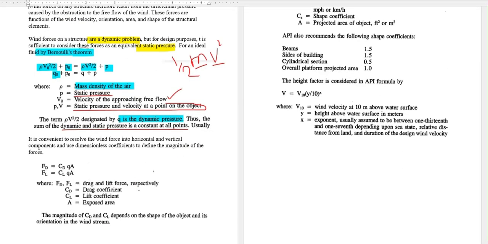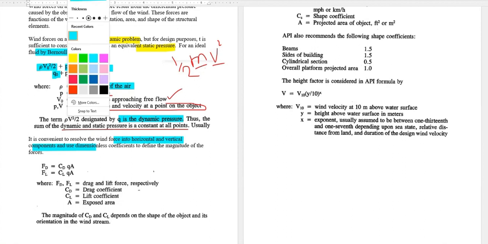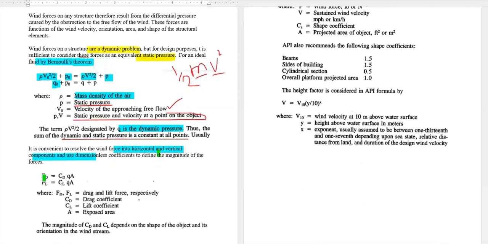It is convenient to resolve the wind forces into horizontal and vertical components. So we can conveniently resolve the force into horizontal and vertical. The horizontal force is FD, the drag force, and FL is the lift force.